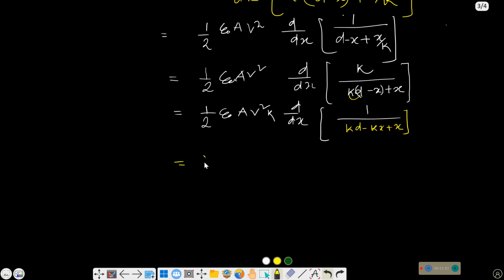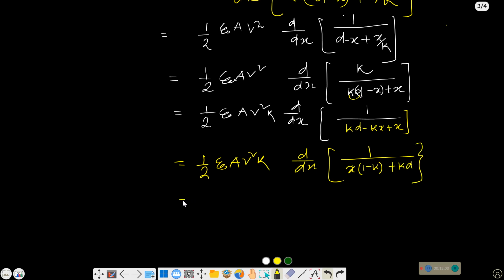So this equals half epsilon naught A V square k, d dx of 1 by x into 1 minus k, plus kd.